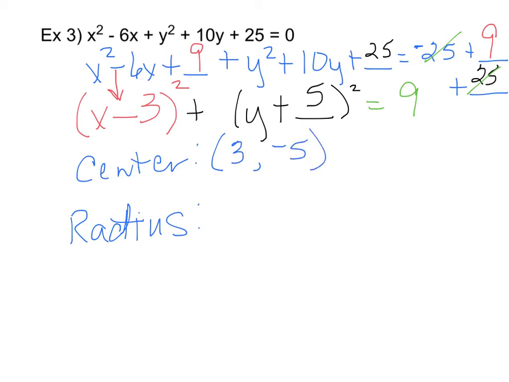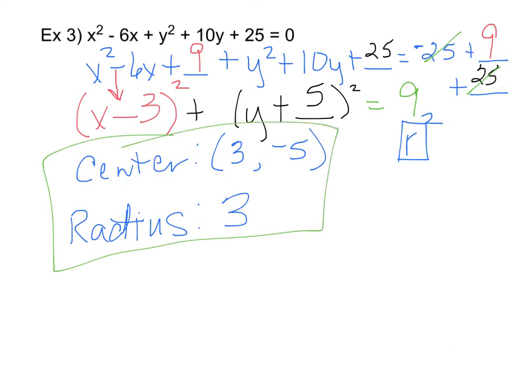So the center of this circle is at the point 3, negative 5, and my radius is what? Not 9. What is it? 3, good, because in your formula, this 9 represents r squared. So I want the square root of that so that I can come up with my radius. Awesome. So my center is 3, negative 5, and my radius is 3.